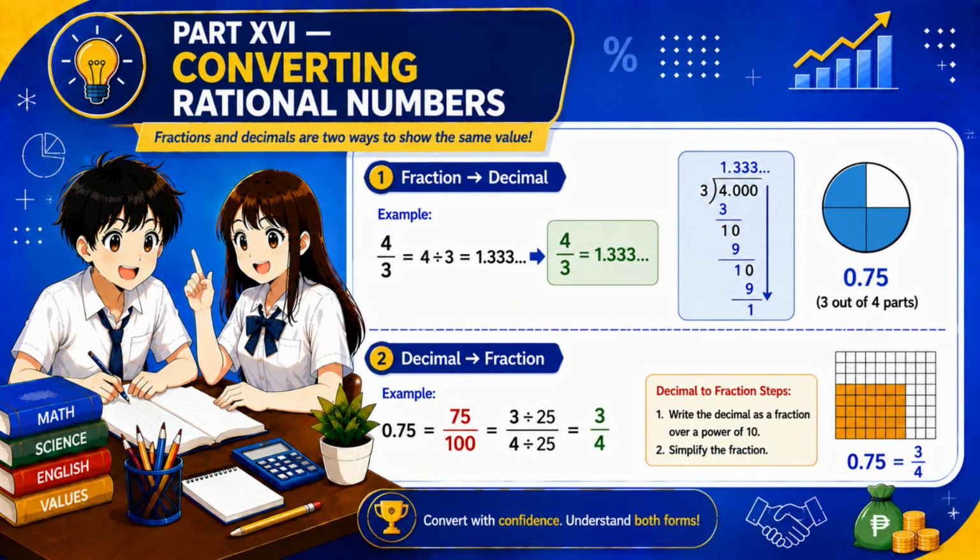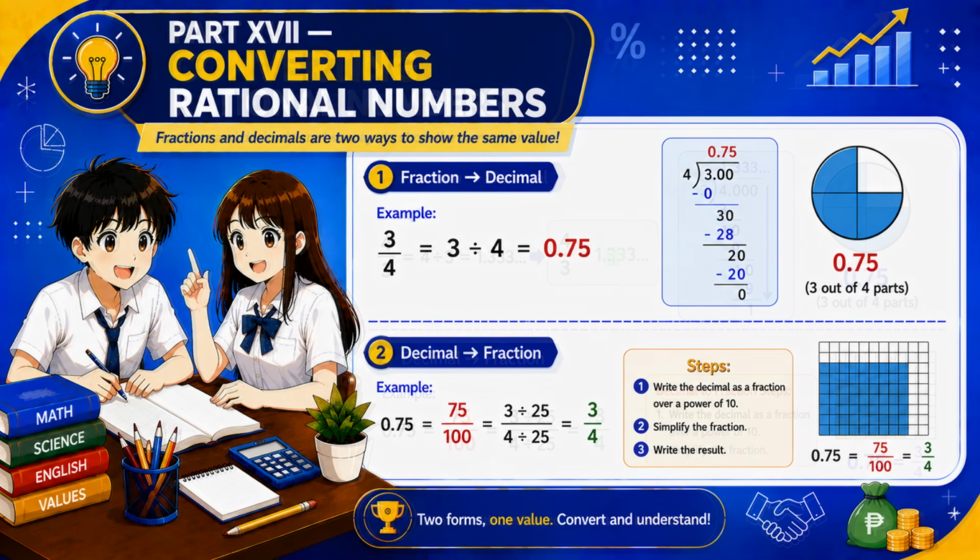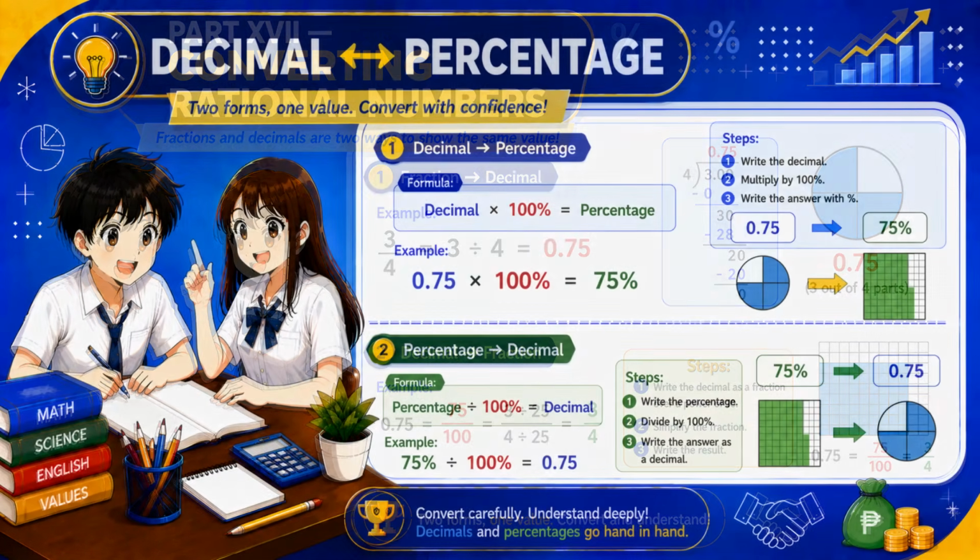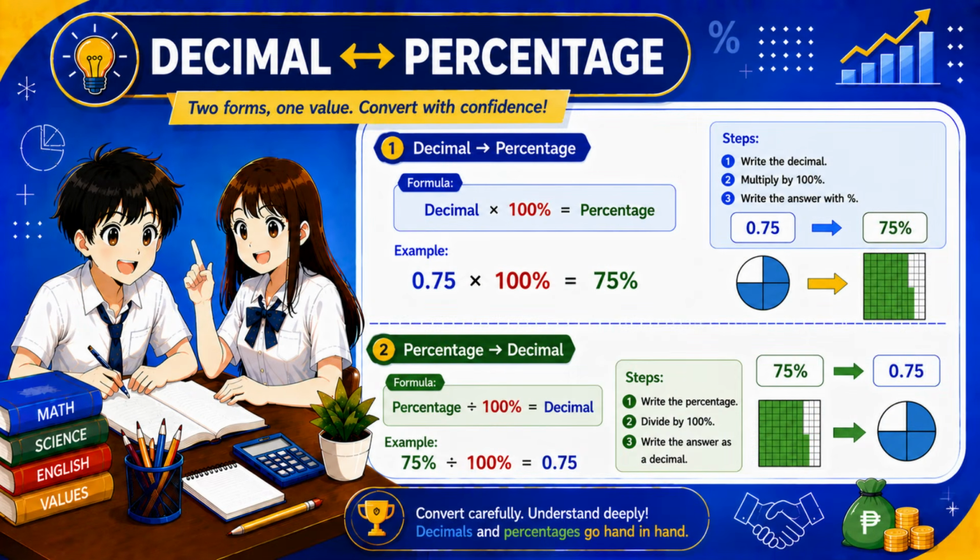To convert a fraction to a decimal, divide the numerator by the denominator. To convert a decimal to a percentage, multiply by 100 and attach the percent sign.